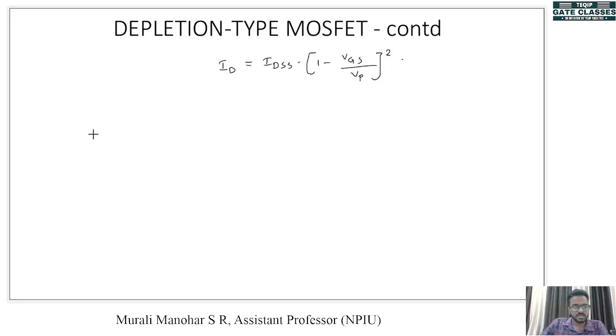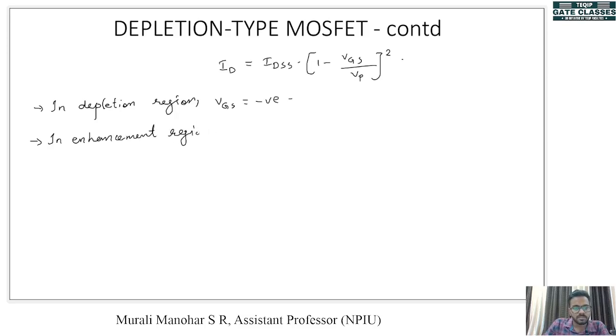Now the difference here is, in depletion region, VGS is negative, and in enhancement region, VGS is positive.